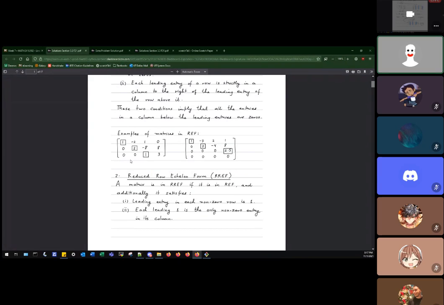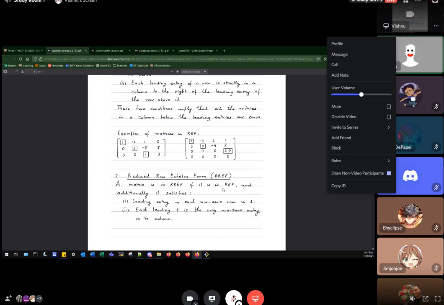But those have to be at the bottom. Basically, the RREF is as close as you can possibly get to the identity matrix.